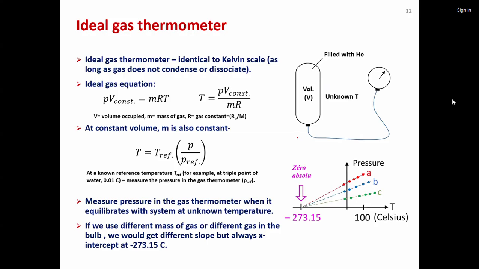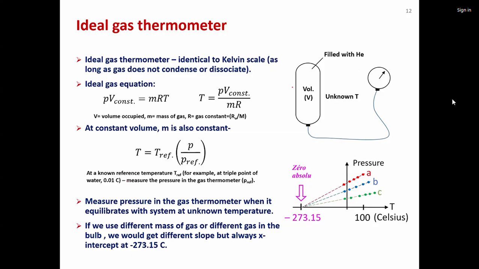In other words, temperature over some reference temperature will be equal to pressure divided by some reference pressure. And this reference temperature can be any reference point, for example, the triple point of water, which is 0.01 degrees centigrade.